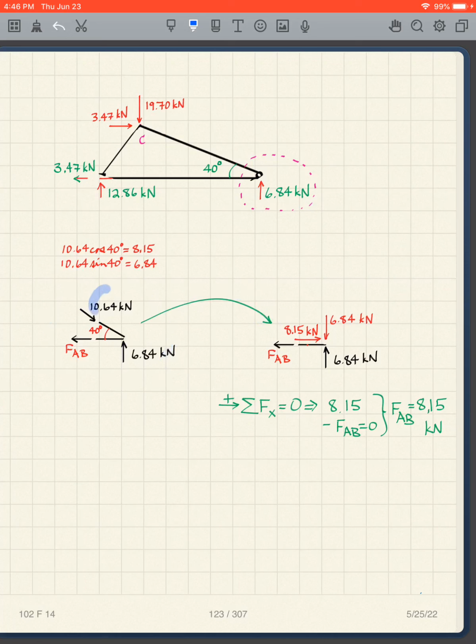So it's going to be 10.64 sine 40 degrees, 10.64 cosine 40 degrees. Again, it's downward to the right. So I have downward to the right there. And then I have my FAB. I look at this diagram. I take the sum of the forces in the x direction equals 0. I solve for FAB. It's 8.15 kilonewtons.